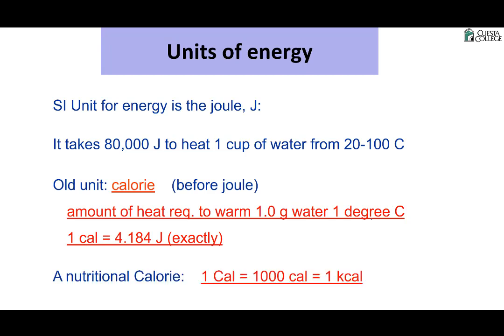Now, a nutritional or food calorie is usually spelled with a capital C. A food calorie is worth 1,000 chemist calories, or 1 kcal. So if you look at a Snickers bar and you see that it has 240 calories, it really has 240,000 chemistry calories.